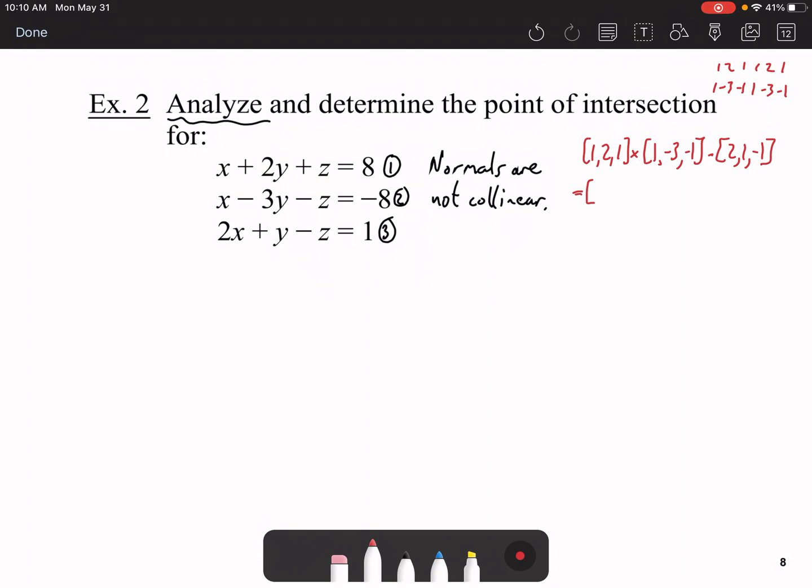Okay, so -2 plus 3, 1 plus 1, and -3 minus 2. Got to dot with the vector 2, 1, -1. Okay, so that's 2. That's another 2 being added, and that's the value 5. So this does not equal 0. So normals are not coplanar.